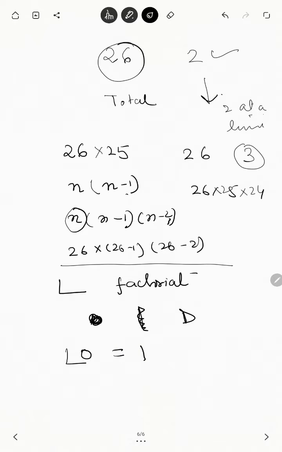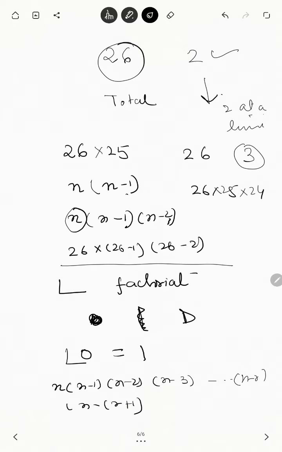And out of n, we have n, n minus 1, n minus 2, n minus 3, and we can go to n minus r, supposing r at a time we are taking. So the last one will be n minus r plus 1.